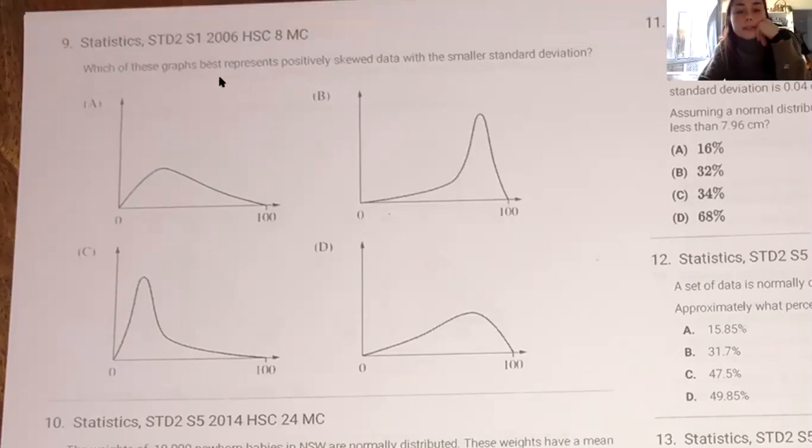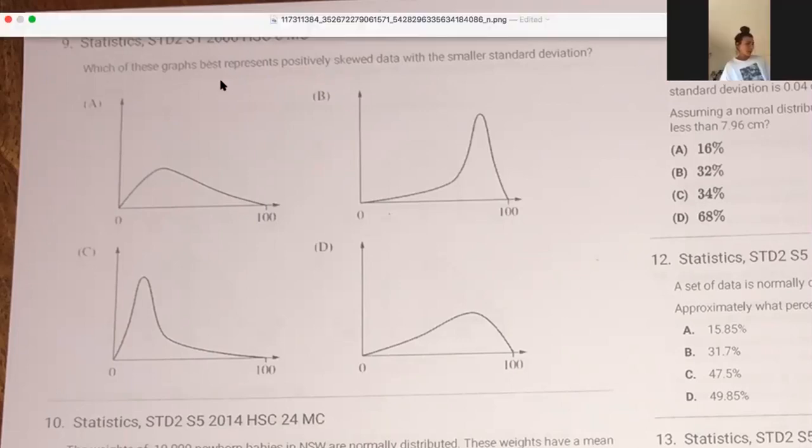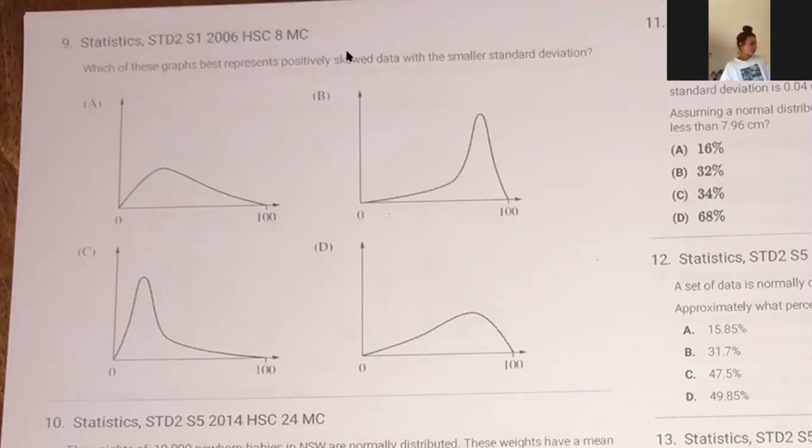Do you know positively skewed stuff? Yes. And I'm just trying to... If it's smaller, standard deviation. I'm trying to remember which side's negative and which side's positive.